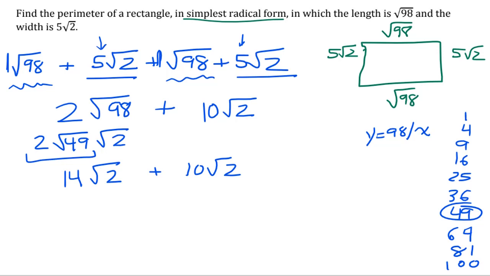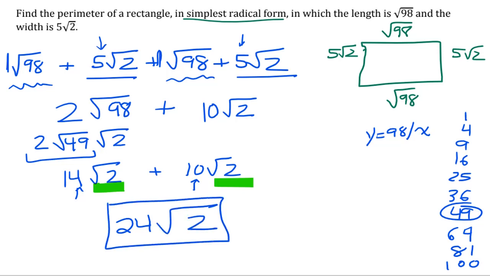You notice now they have like radicals. So now I can add them even more. Again, when I have like radicals, all I'm going to add is the coefficients in front. 14 plus 10 makes 24, and I'm going to keep the radical 2. That is my final answer.